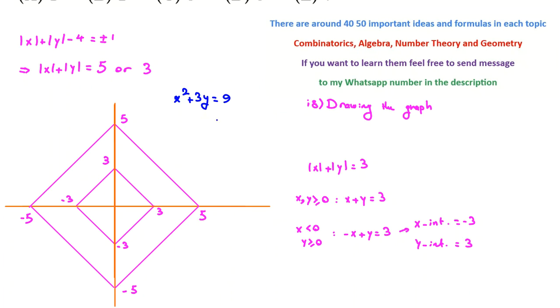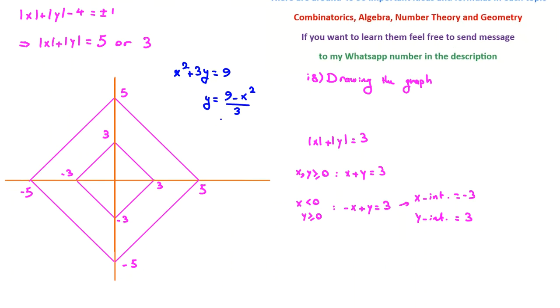This is a graph of a parabola, y equals 9 minus x squared over 3. Because the coefficient of x squared is negative 1 over 3, it opens down. And the vertex is when x is 0, because when x is 0, it will be maximum. So when x is 0, y is 3, and it opens down.